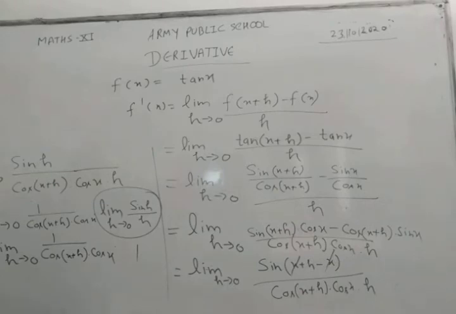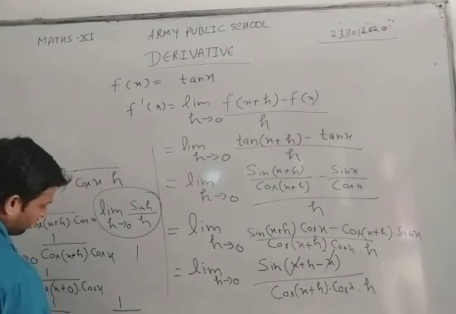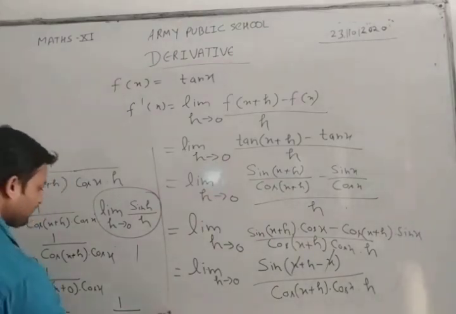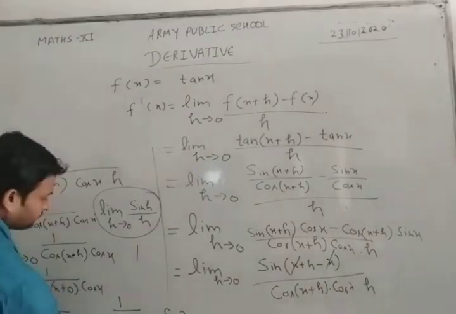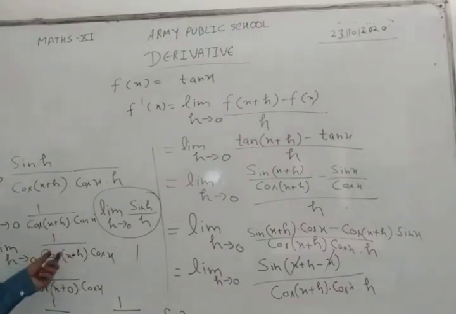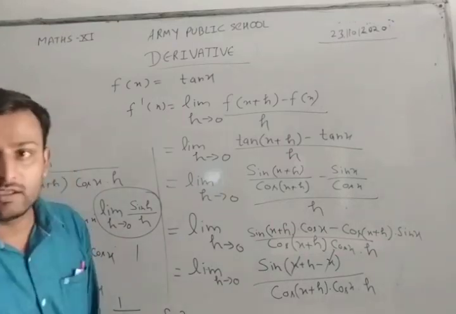We get cos(x + 0), and this is cos x. So we write 1 by cos x into cos x, so it will be 1 by cos square x. So we write sec square x.